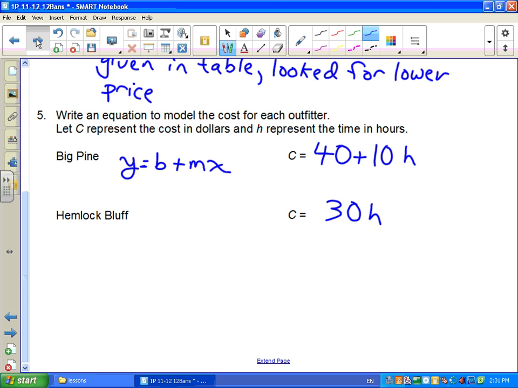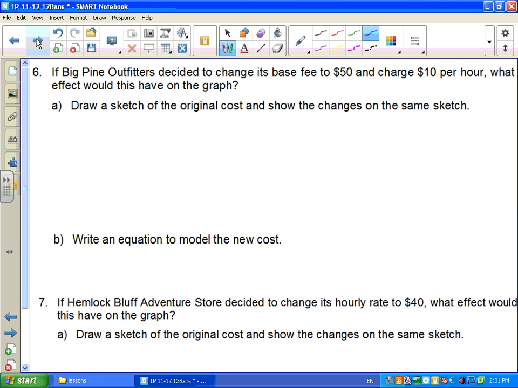If Big Pine Outfitters decided to change its base fee to $50, so what was it before? It used to be $40. And still charge $10 per hour. What effect would this have on its graph? Let's look at what the graph looked like before.